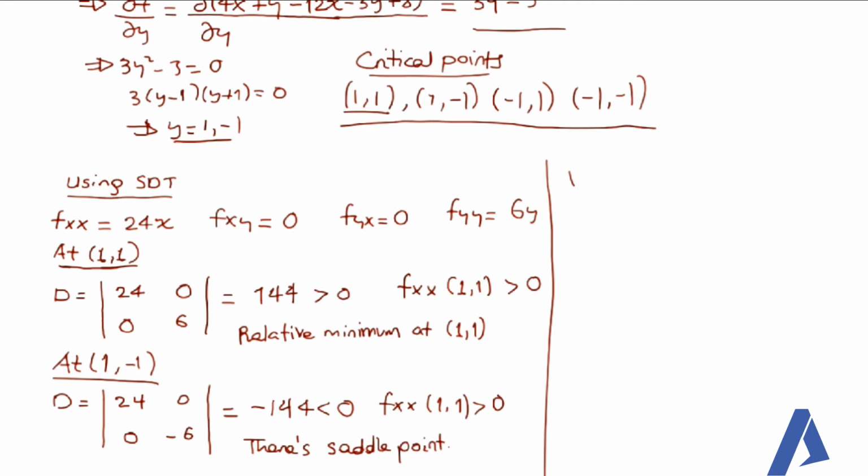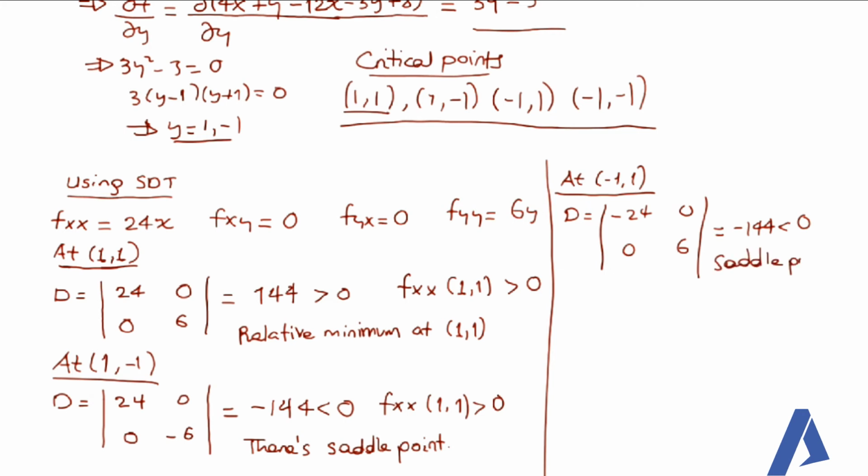ሶስተኛው ፖይንት ላይ ደግሞ at minus 1, 1 second derivative test በመጠቀም 24x at minus 1 is minus 24, 0, 0, and this is 6. Which is minus 144, which is less than 0, which implies that there is a saddle point at minus 1, 1.